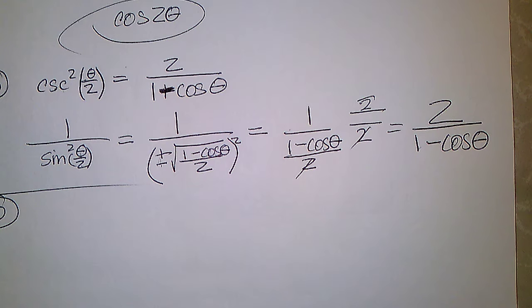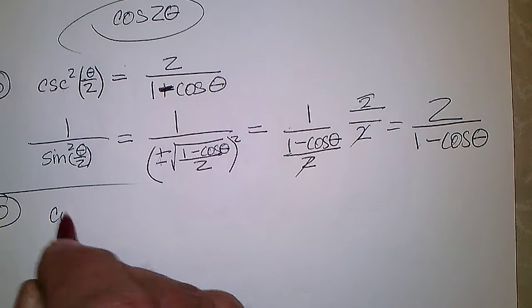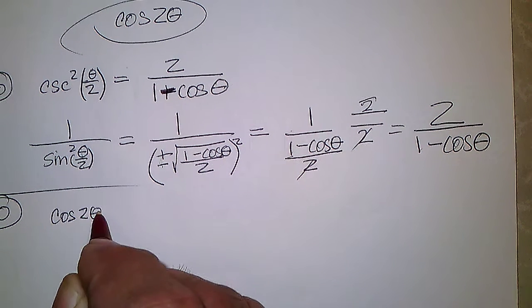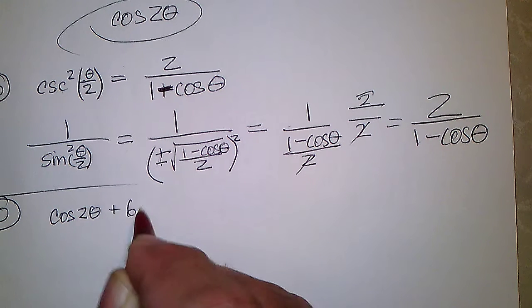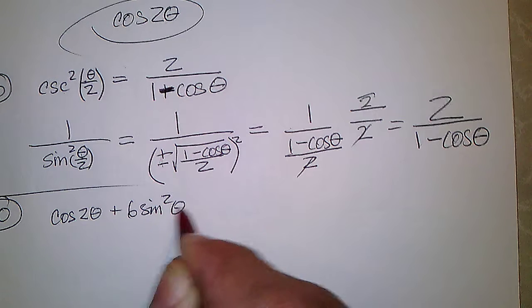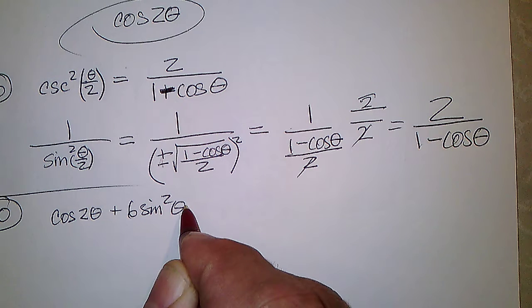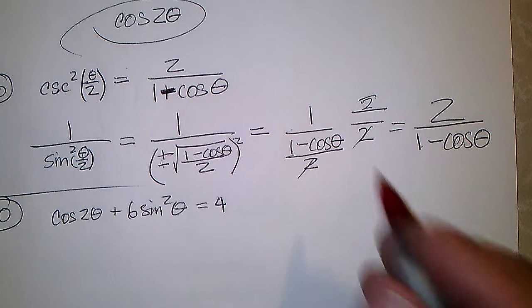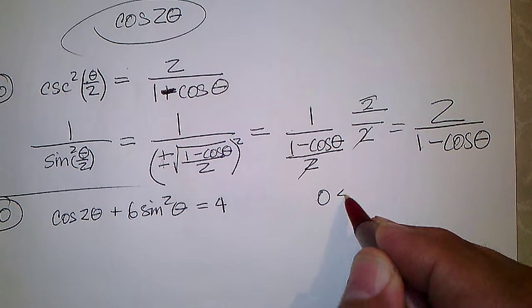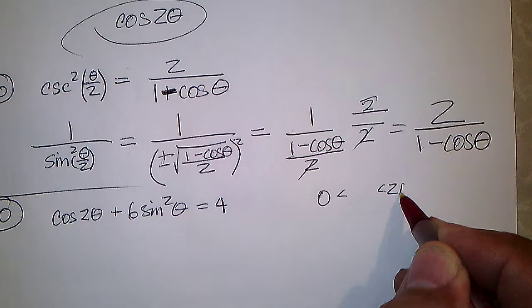71, we can solve this equation. Cosine 2 theta plus 6 sine squared theta equals 4. And we're supposed to find the answers between 0 and 2 pi.